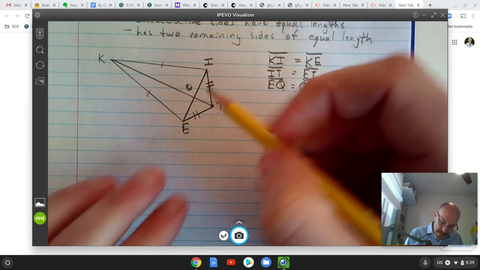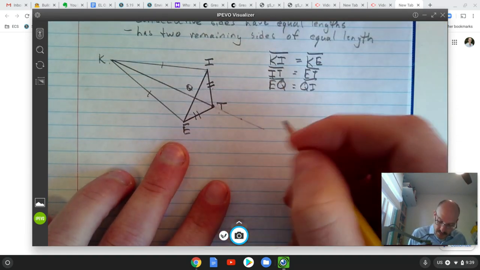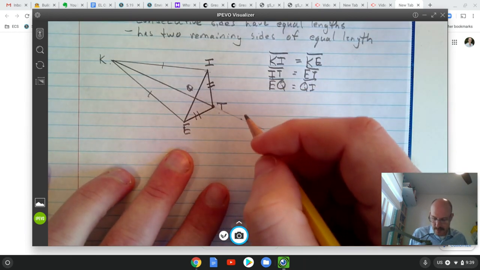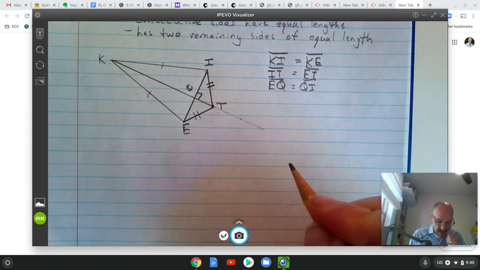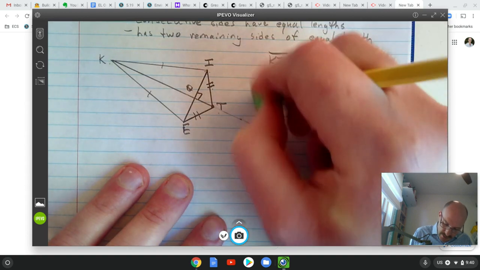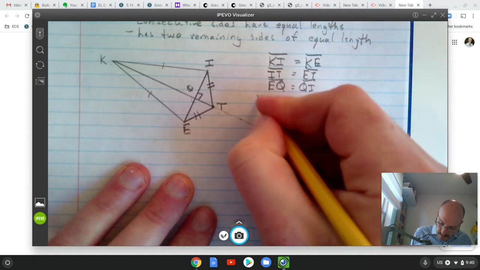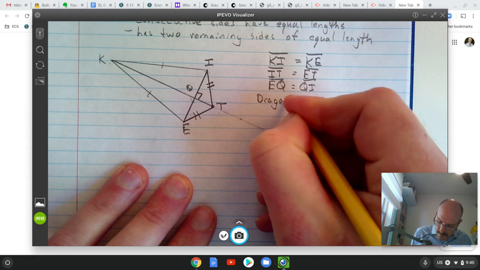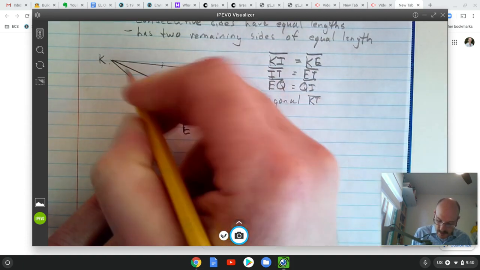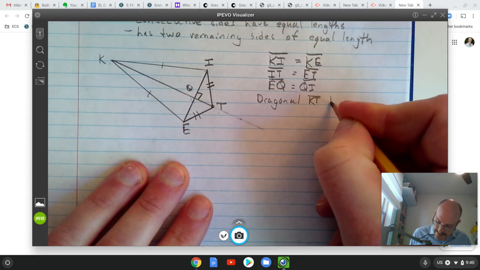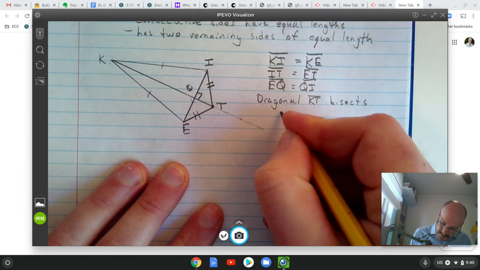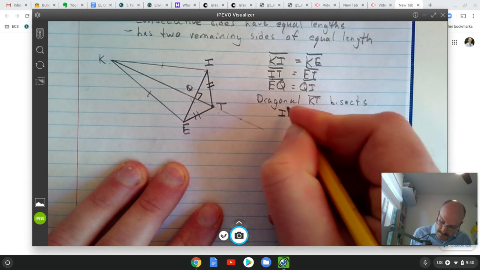So one of the diagonals is bisected by the other. Therefore, it makes a perpendicular angle. So we could say, one of the diagonals, diagonal KT, bisects diagonal IE.